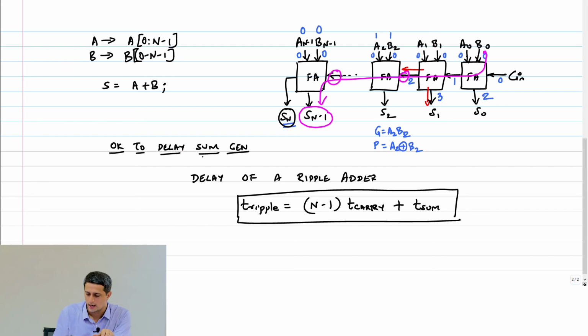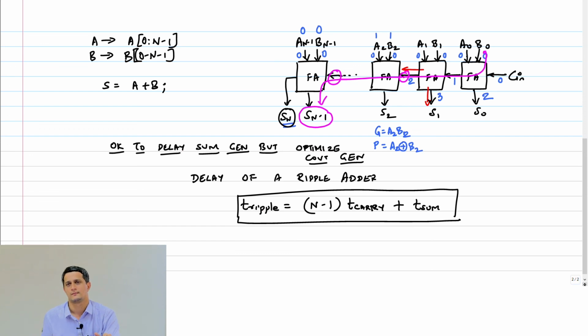It is okay to delay sum generation, but optimize Cout generation. That's the key conclusion that we come to after this quick analysis.